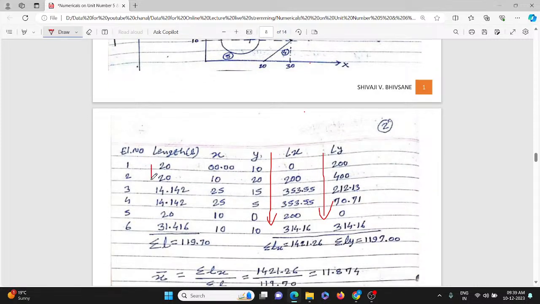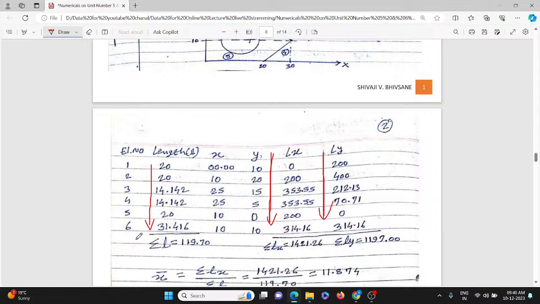Calculate the summation L and summation Lx.